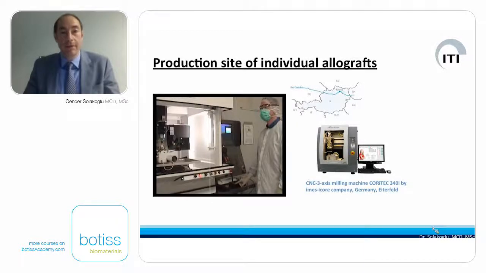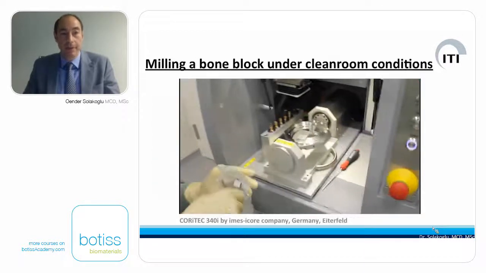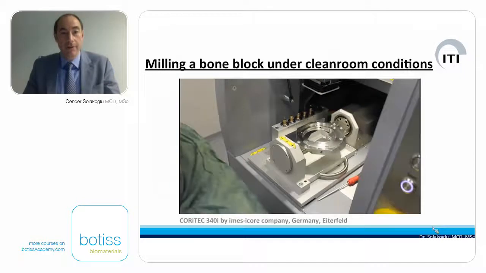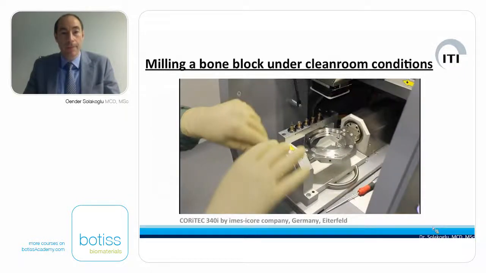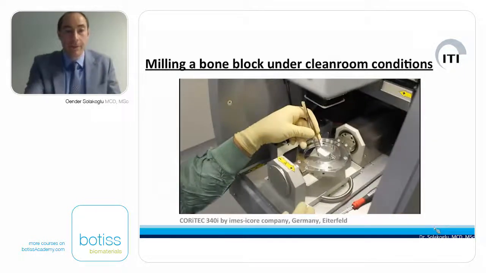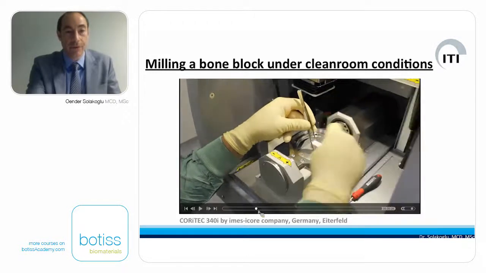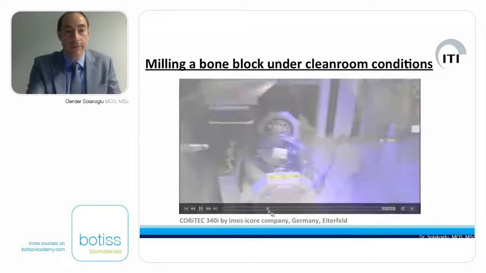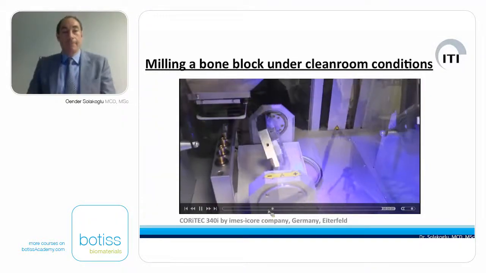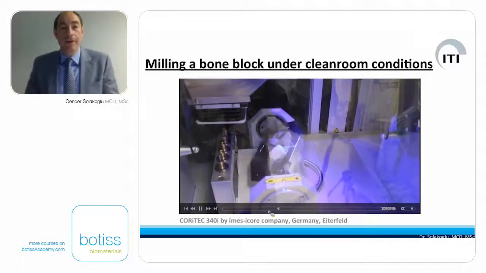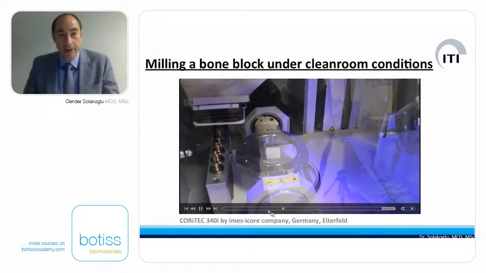One of the milling centers, you can see here how it's done. The block is basically placed in this milling machine, which is programmed, and then it's cut to this individual size.